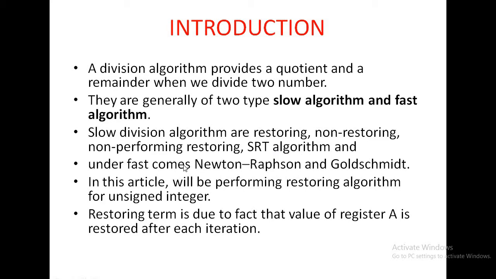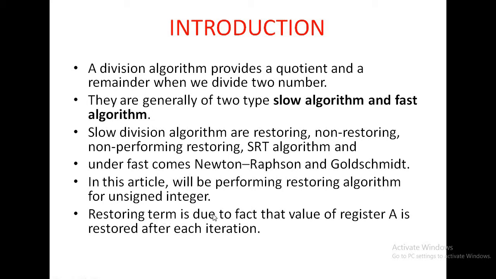Fast division algorithms come under Newton-Raphson and Goldschmidt algorithm. But in your syllabus, only restoring and non-restoring division algorithms are there. First we will perform the restoring division algorithm for unsigned numbers. We will also perform it for signed numbers.